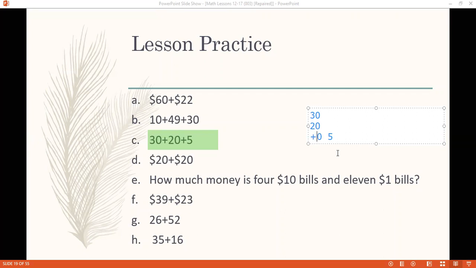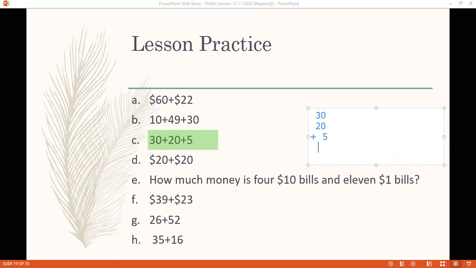Always making sure that our place values are in the correct place. So our ones, which numbers are in our ones place value? Yes, 5 is in our ones place value. You're always going to remember to do this work on your paper. So in your book for your homework, when you have 3 sets of numbers or 2 sets of numbers, we're always going to write it vertically.